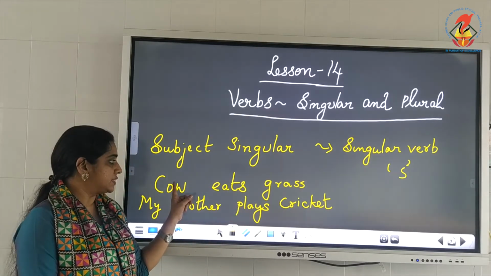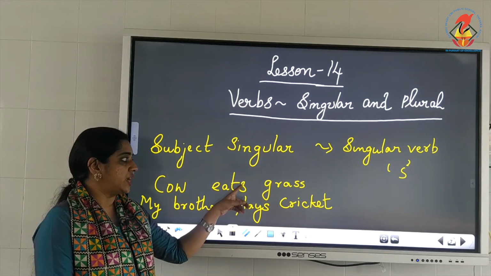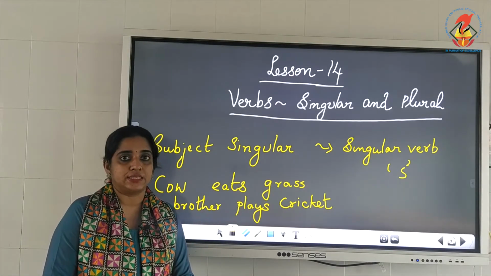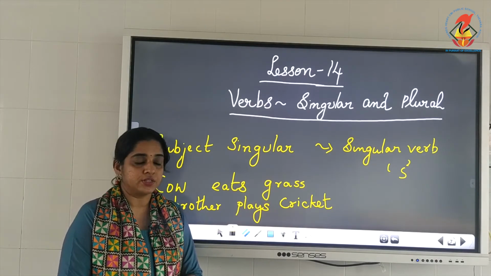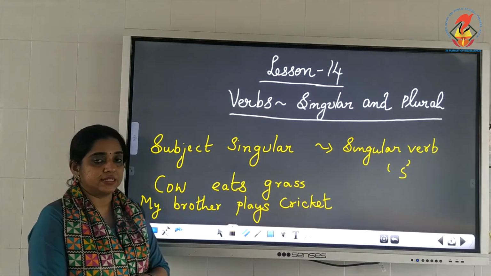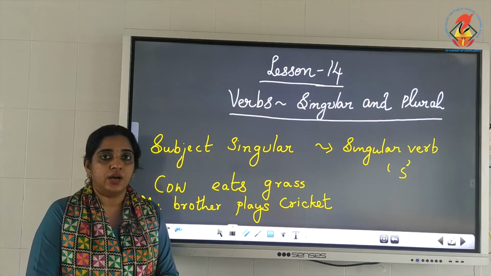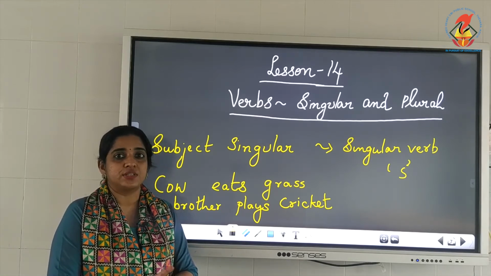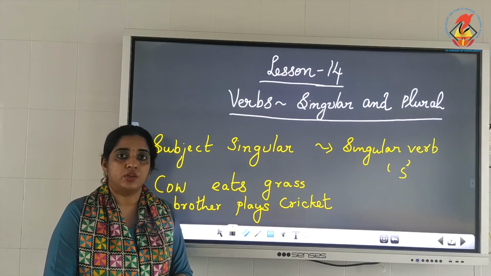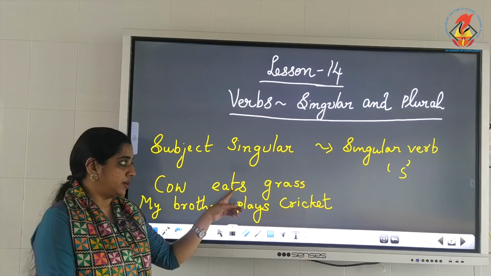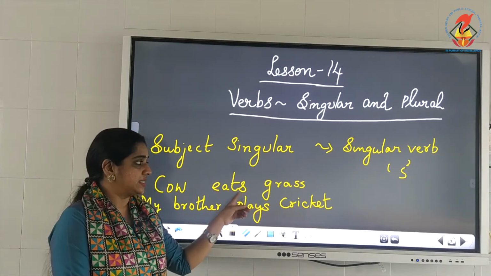So if the subject is singular, the verb should take s form, eats grass. You have to be very careful when you study this lesson, because if the subject is singular, the verb should also be singular, with one s letter at the end. Eats grass.